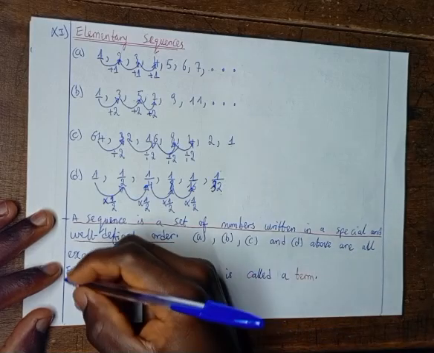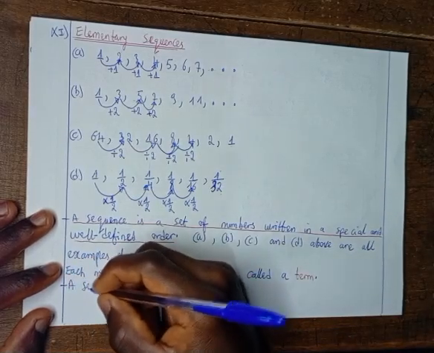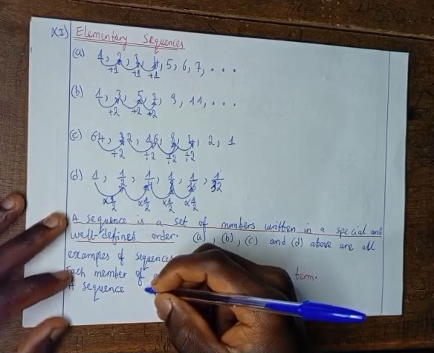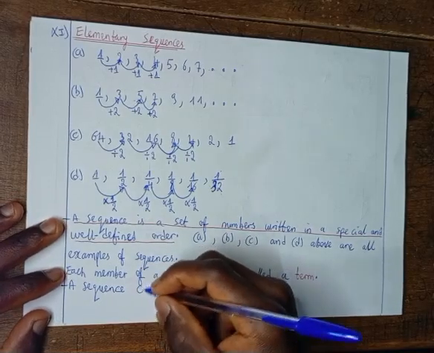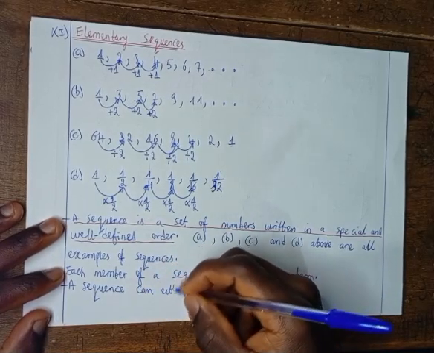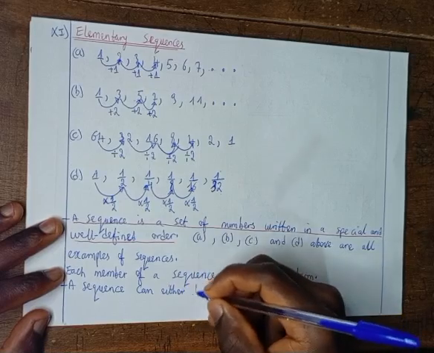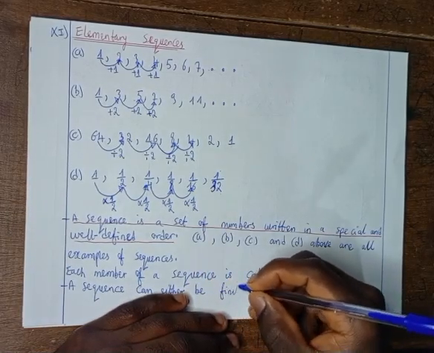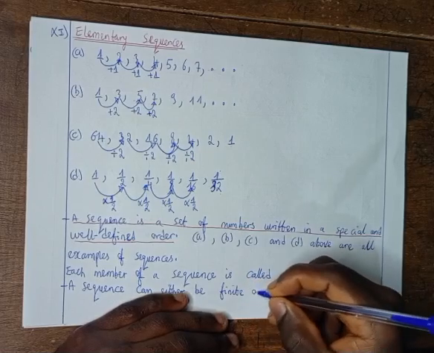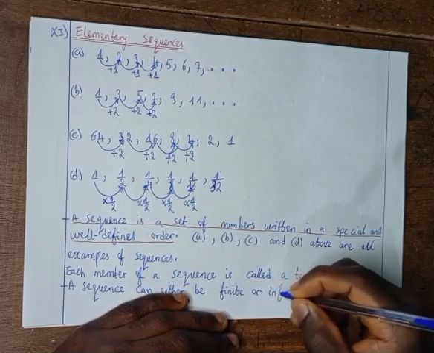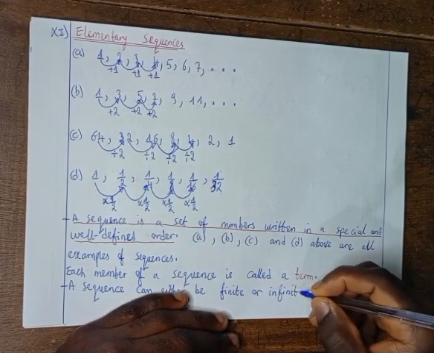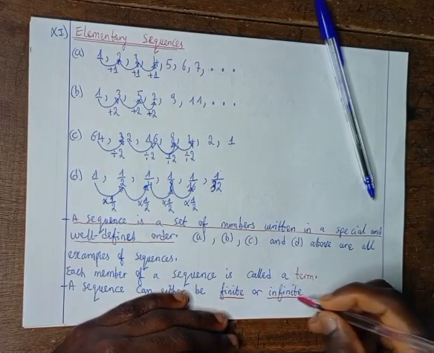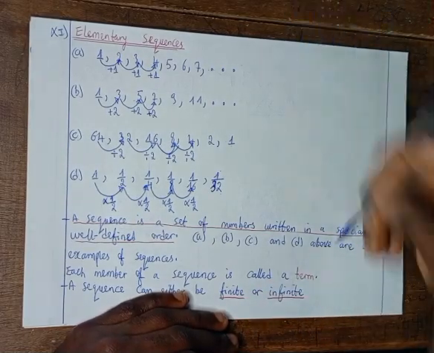Next, a sequence can either be finite, that means having a last term, or infinite, that means it's endless, does not have a last term. A sequence can either be finite or infinite.